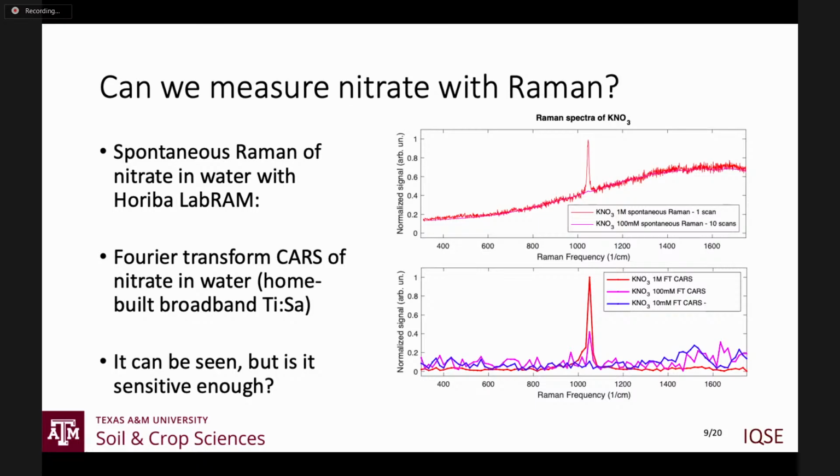So we started using an available HORIBA Raman microscope at IQSC, and we used different solutions of potassium nitrate and tried to see what is the minimum concentration we can detect with that system. We were limited to 100 millimolar, 10 millimolar.